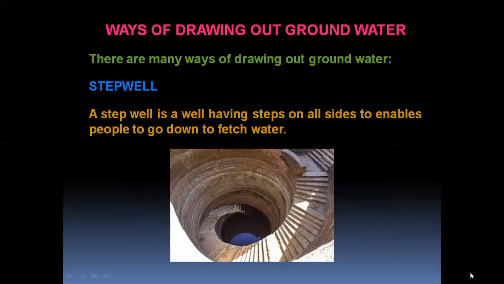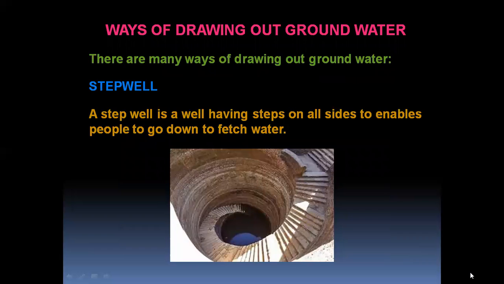Earlier, people used to go far to fetch water from rivers, lakes or wells, and there was no proper water supply system. But nowadays, there are different ways of drawing out groundwater. Let us discuss a few.